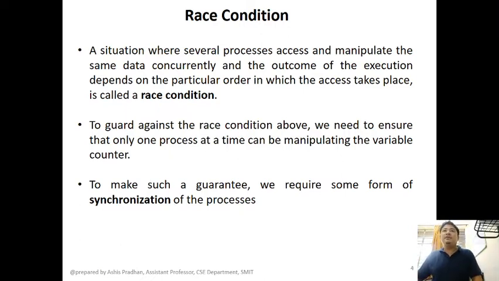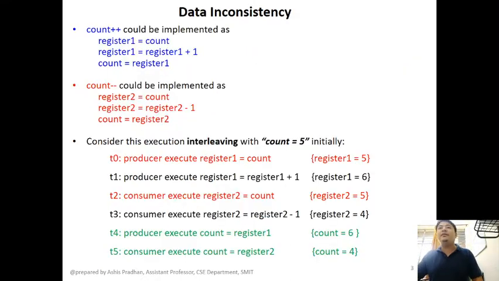The same thing might happen with a program where there is some memory location which is being shared by several processes. Those processes are trying to access and manipulate or update the data parallelly or concurrently, and the outcome depends on the order in which the access takes place, like in our previous example.